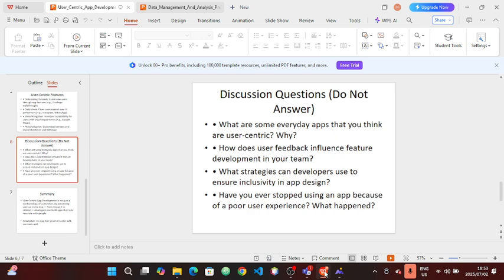Okay, inclusive app design means creating applications that can be used effectively, guys. So are people answering on the chat? I was saying inclusive app design means creating applications that can be used effectively.